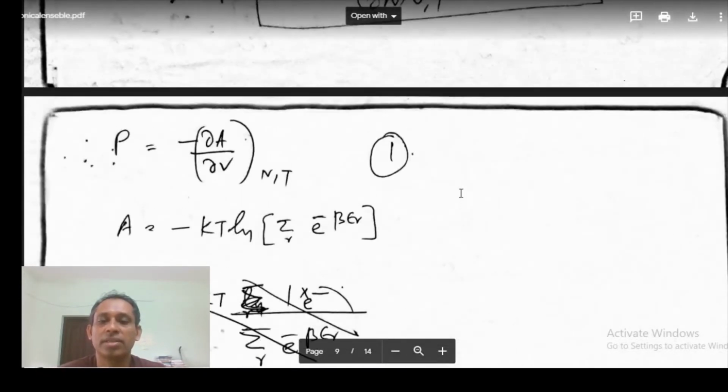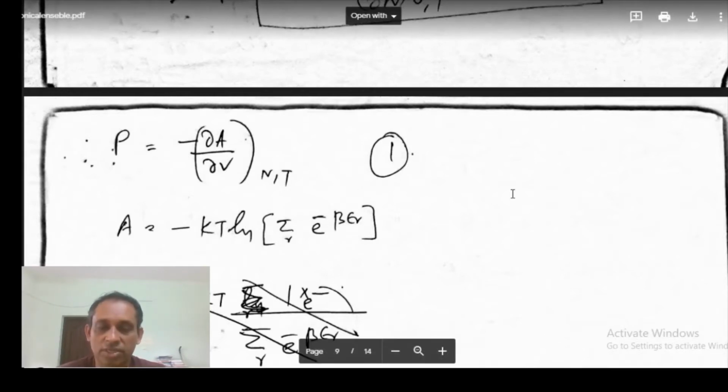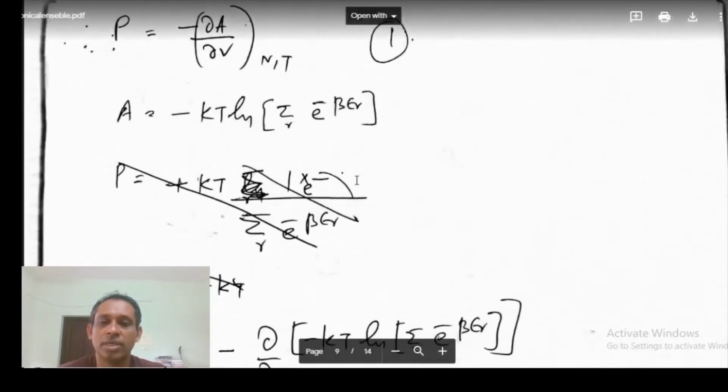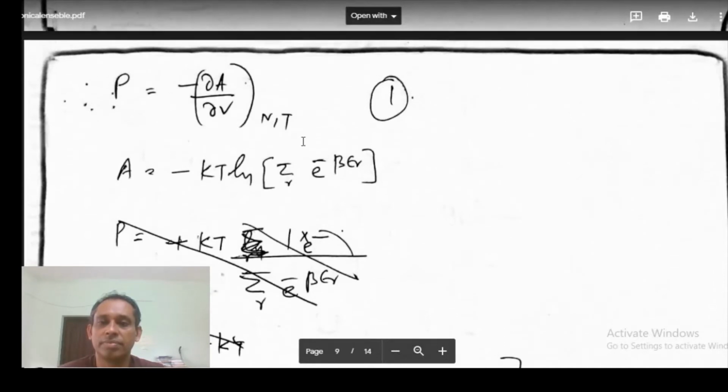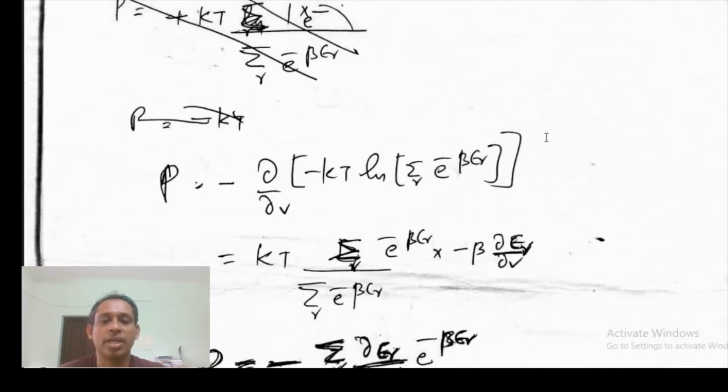Pressure is given by minus dou A by dou V, where A is minus kT log of the partition function. Substituting, pressure equals minus dou by dou V of minus kT log sigma r e to the power minus beta Er.